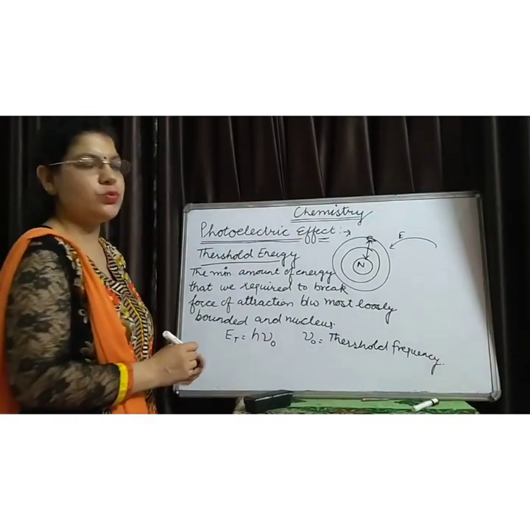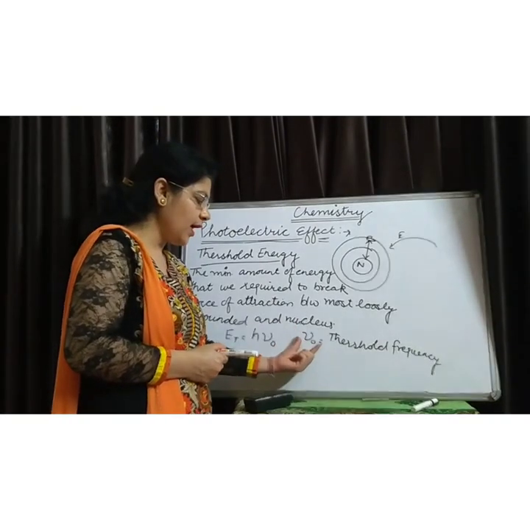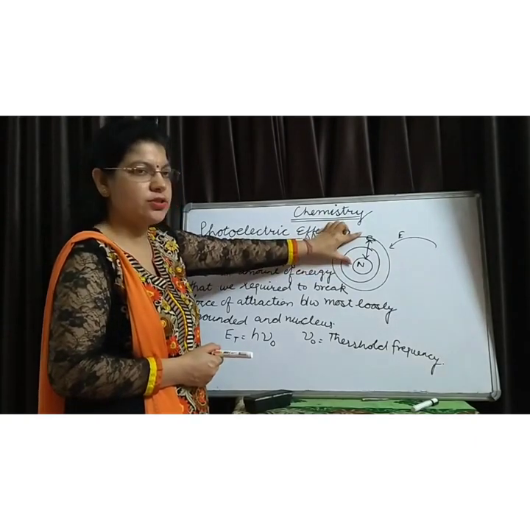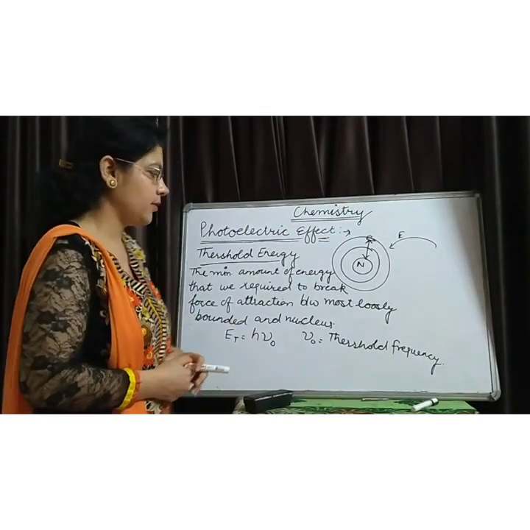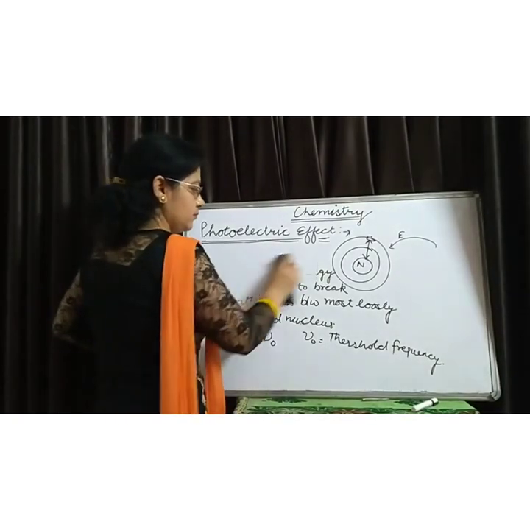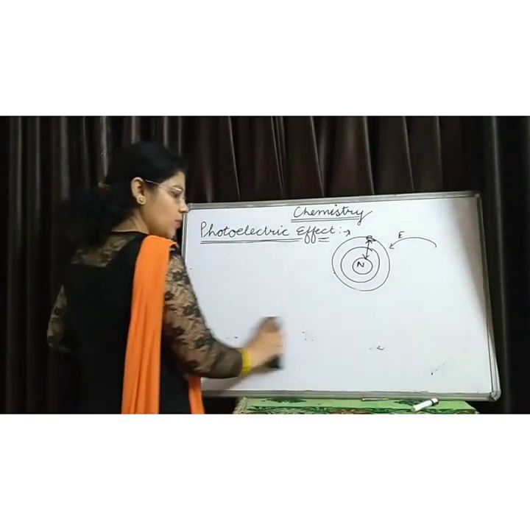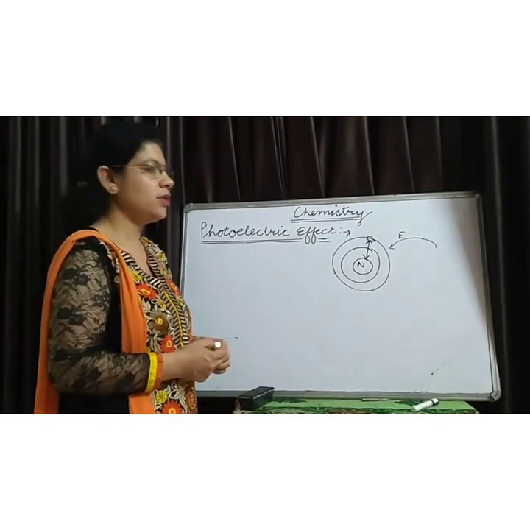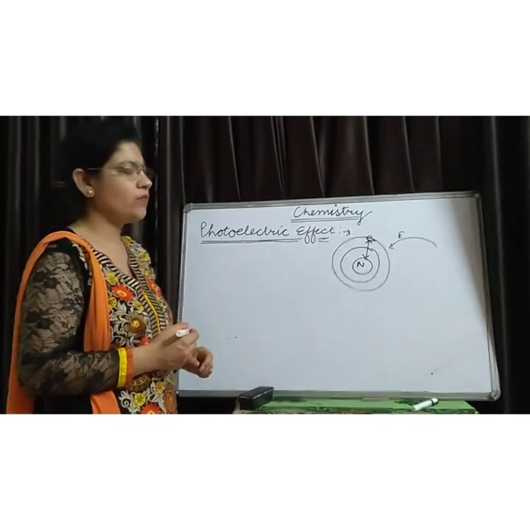If the radiation which we supply from the outside does not have this frequency, then it is not able to break this force of attraction and electrons will not be ejected. Next, if the energy which we supply from the outside is greater than the threshold energy, then the extra energy converts into the kinetic energy of the electron.